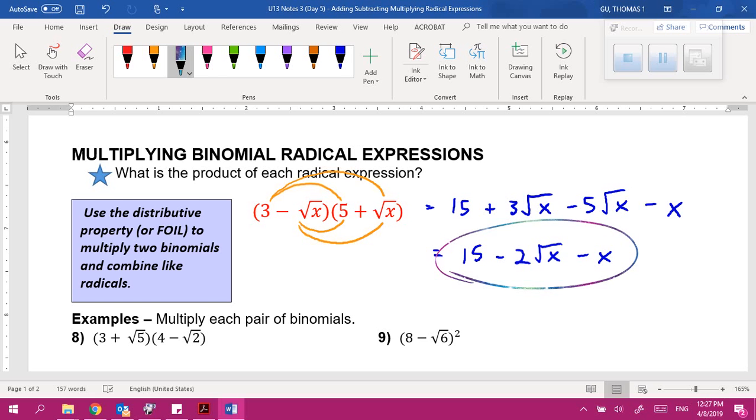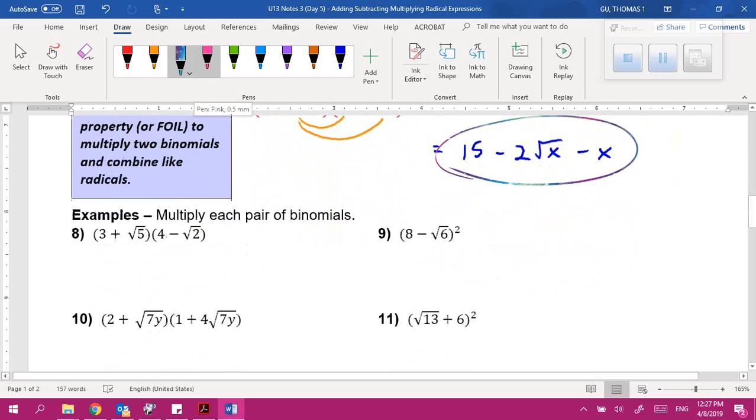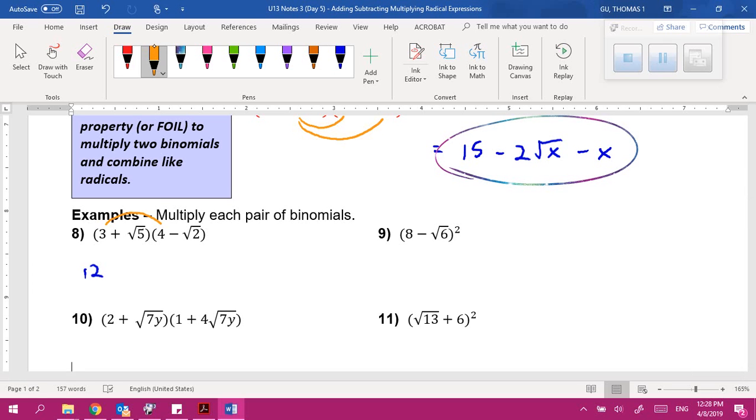So let's look at some examples down here. All right, number 8. What should I multiply together? Can you tell me? 3 times 4, which gives me? Okay, what should I multiply next? Right, which is? Right, what should I multiply next?